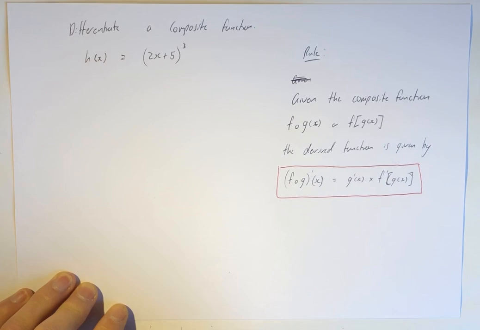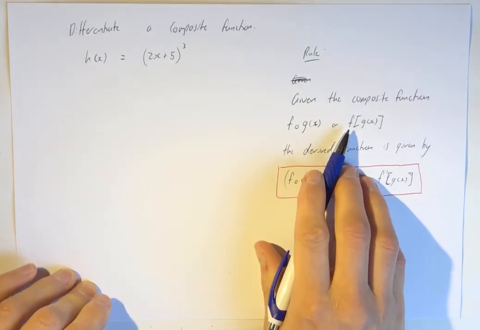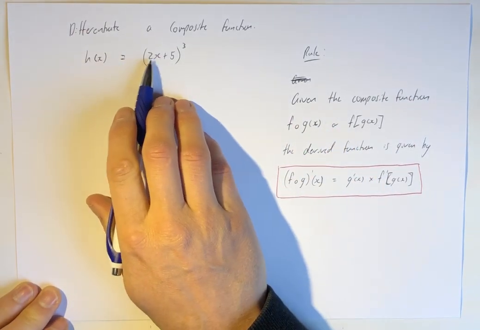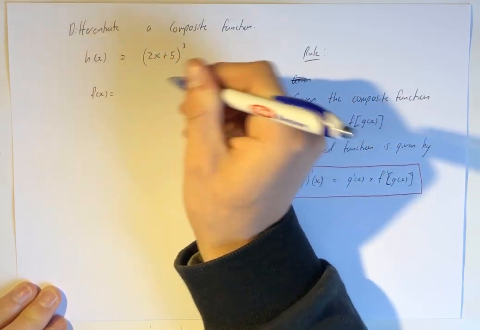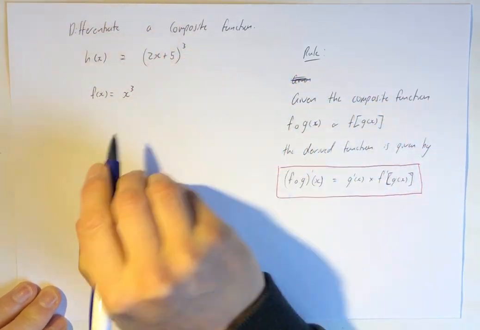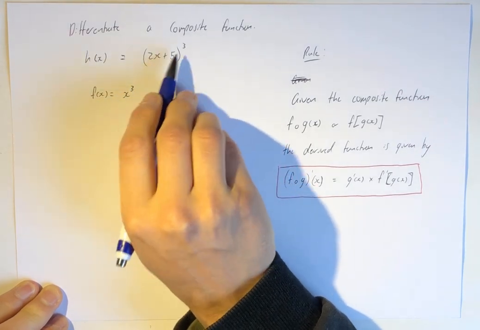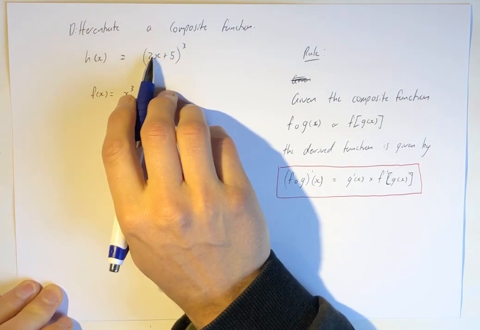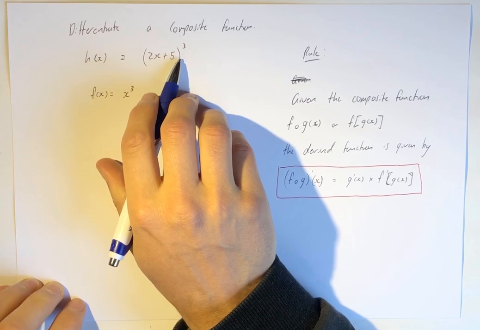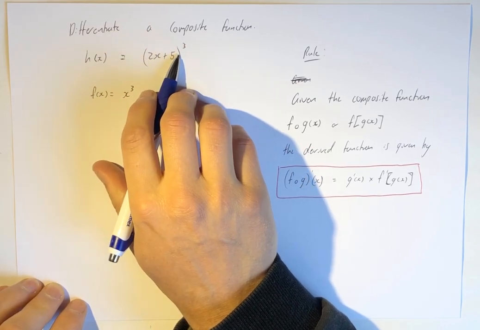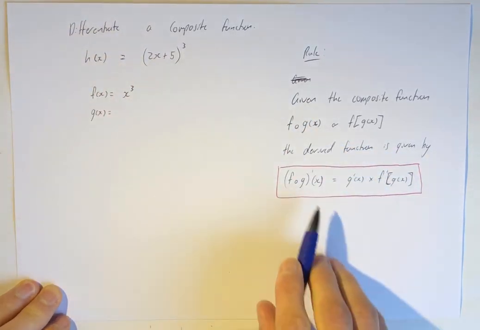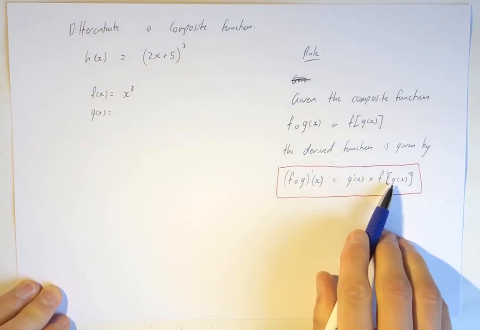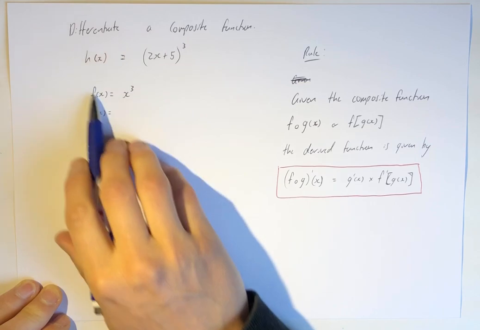So in here, f of x is when we take anything and we cube it. That's how I like to call that, like our outside function. That's our f function here. Now our g of x is the function that's on the inside, right? It's on the inside of this larger function.